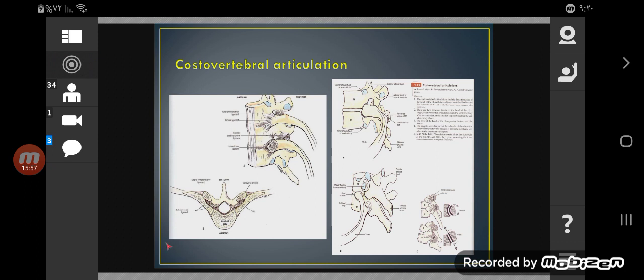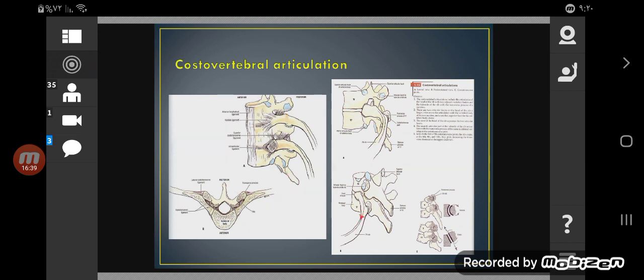And of course, this joint has two additional ligaments. One of them is the superior costotransverse ligament. The superior costotransverse ligament has two bands, as you see in this picture. It binds the crest of the neck of a rib to the higher transverse process.